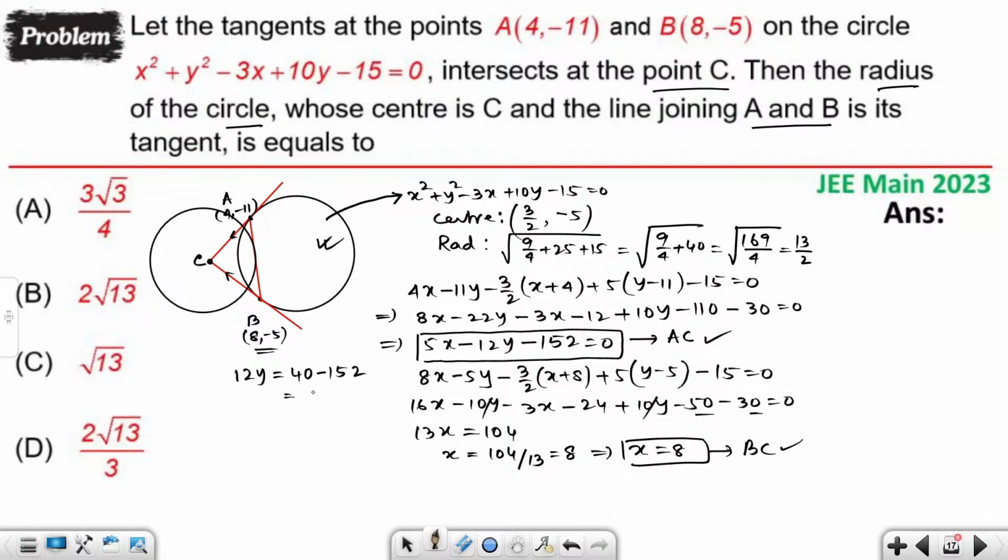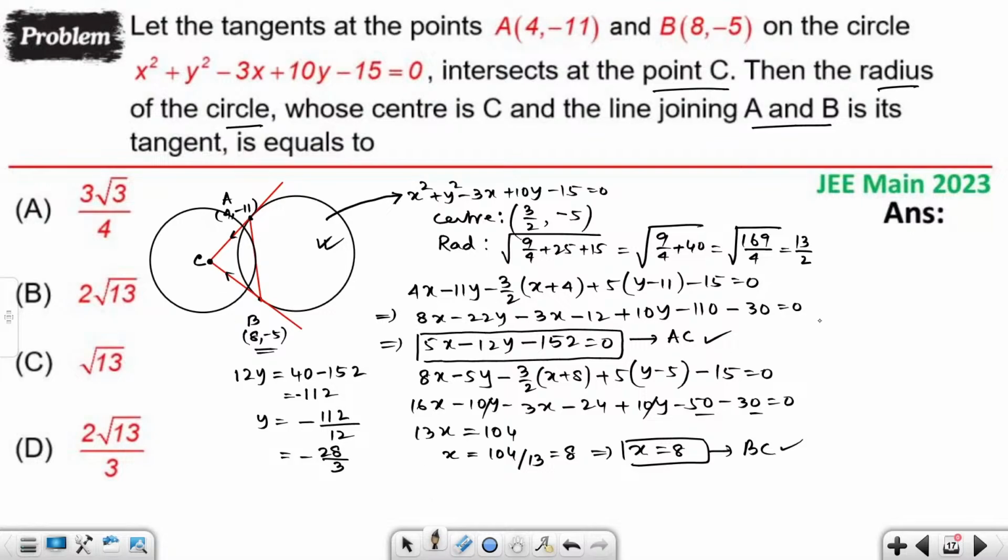So y is coming to minus 112 over 12. Am I correct? So if we cancel it, we are getting minus 28 by 3, right?